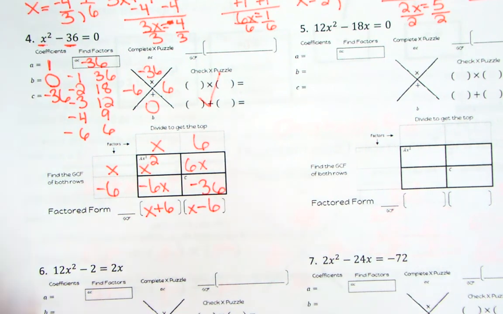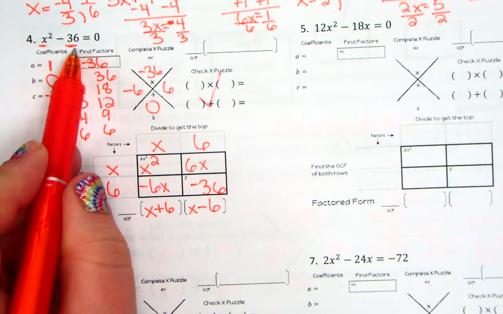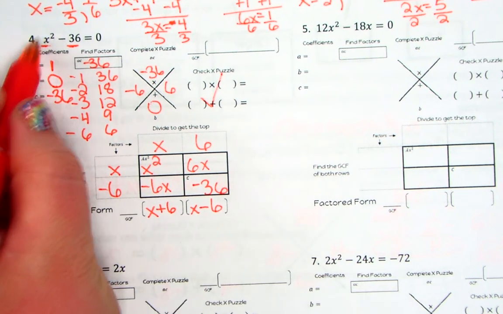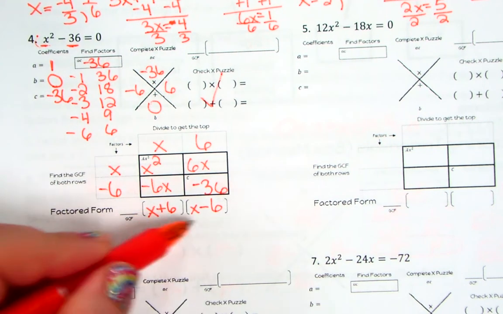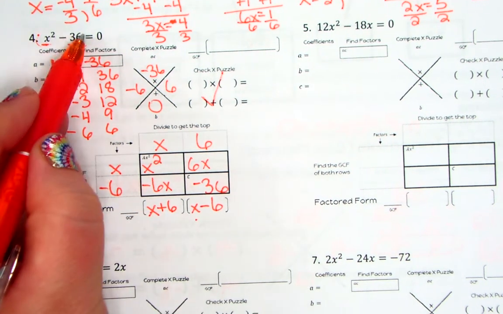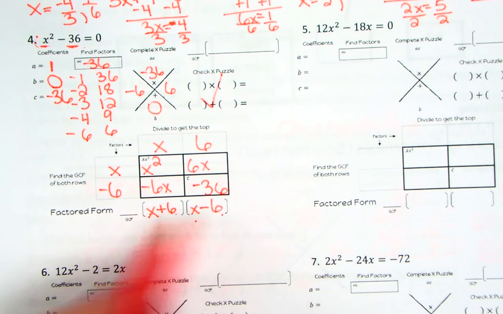They will always factor down to be the square root of the first term, x, the square root of the last term, 6, and the signs will be 1 plus and 1 minus every single time.